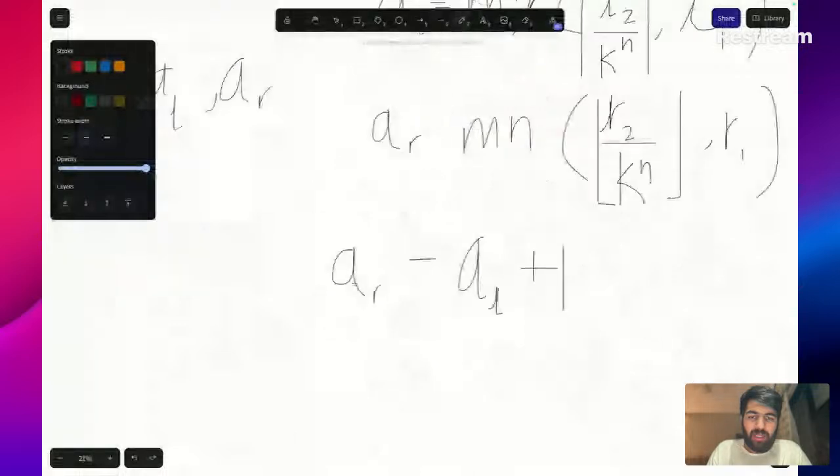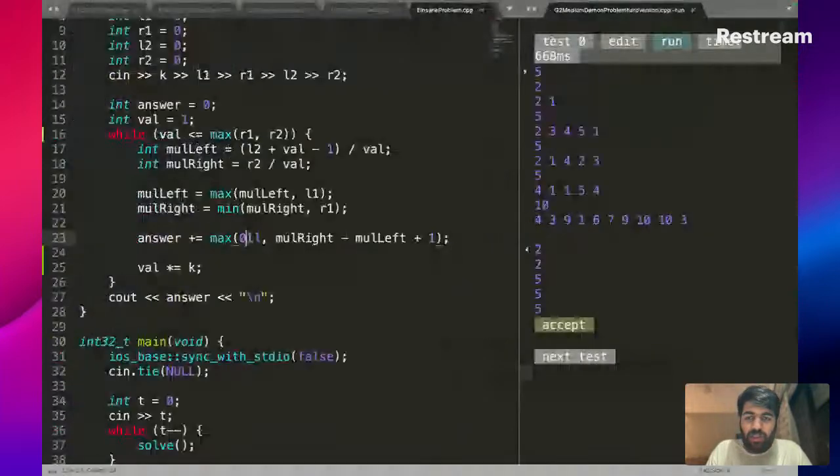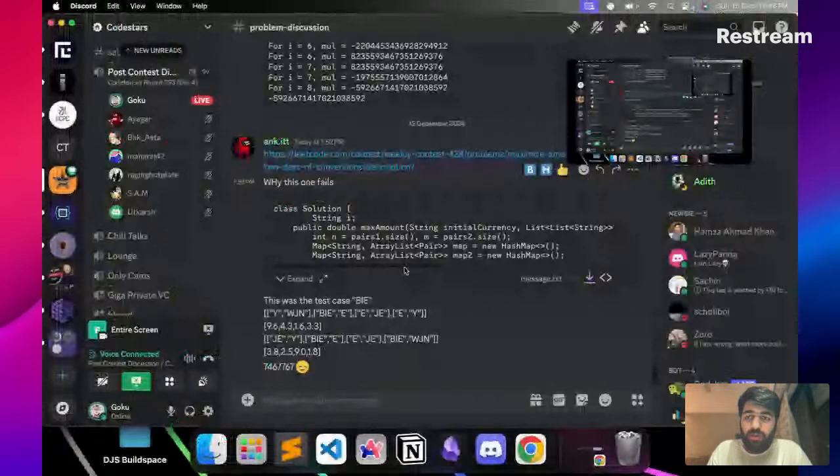Sometimes AR might be less than AL, so what you add would be negative. That is why I'm just putting a 0 over here, and we increment val. So we just keep on going. Any doubts over here?